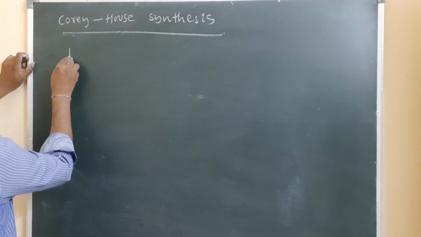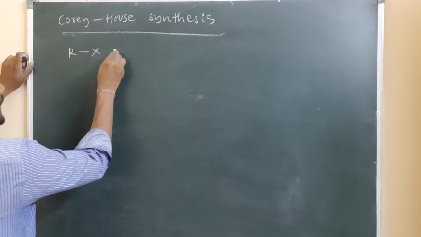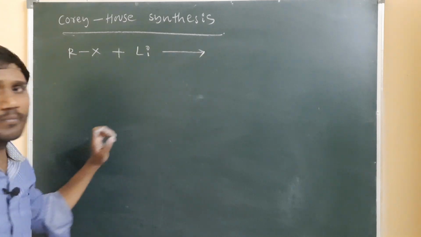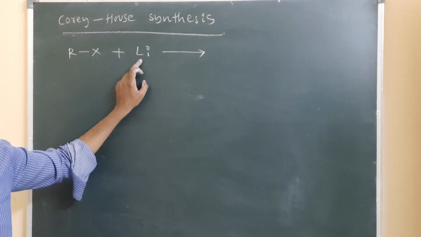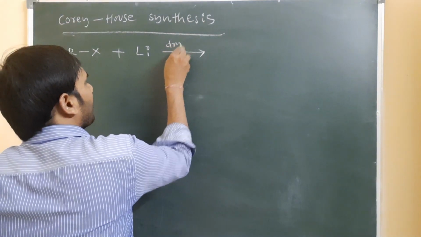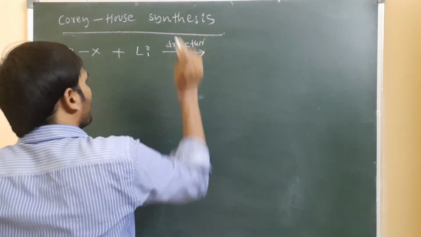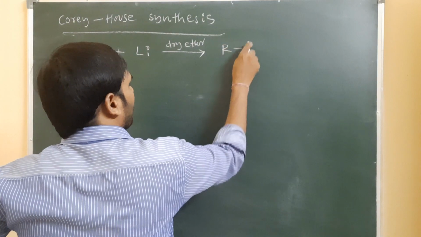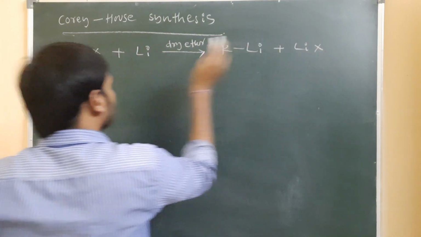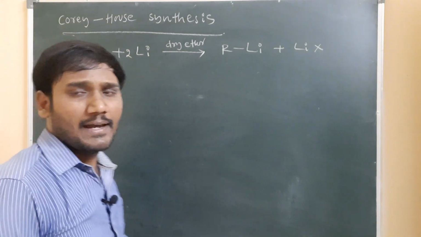Here I am taking an alkyl halide, but this time I am taking lithium metal in the presence of dry ether. In the presence of dry ether, the product is alkyl lithium plus lithium halide.